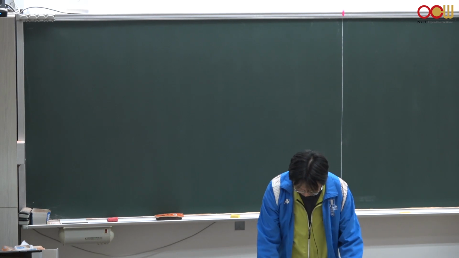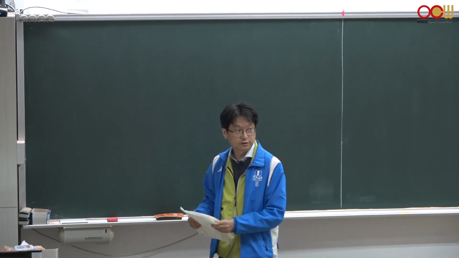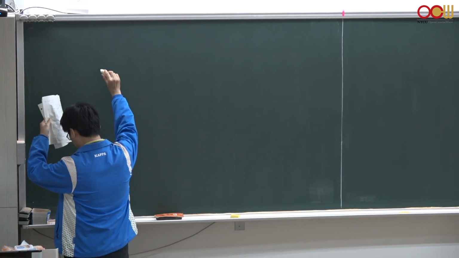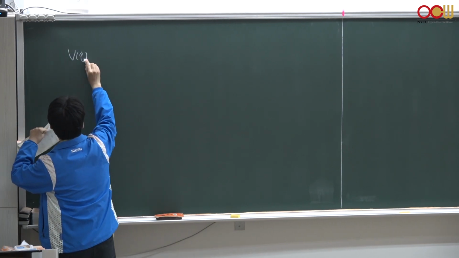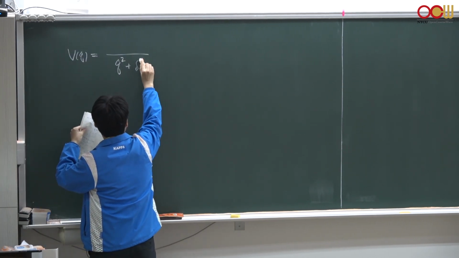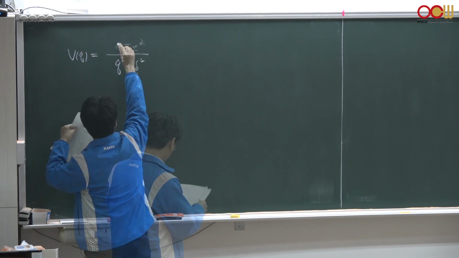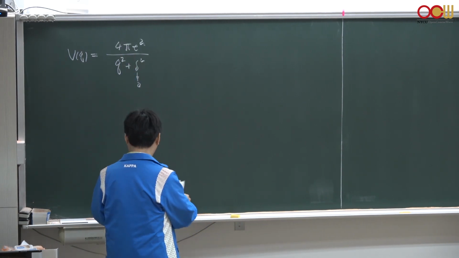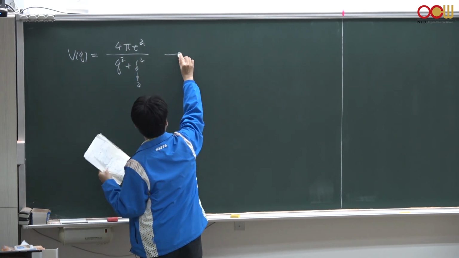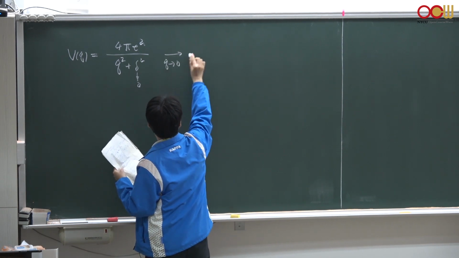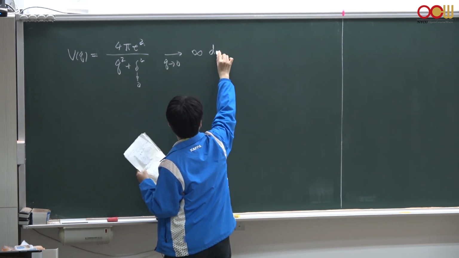Good. So let's discuss the divergence of this V of q. V of q goes as 1 over q squared plus delta squared, but delta goes to 0. What does that mean? This means that when q goes to 0, this diverges.